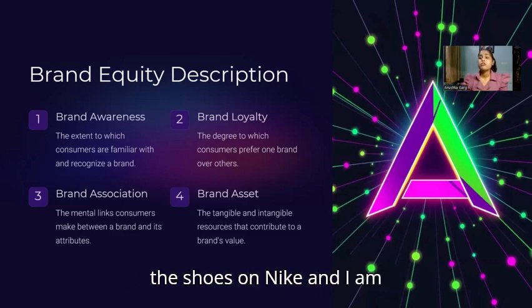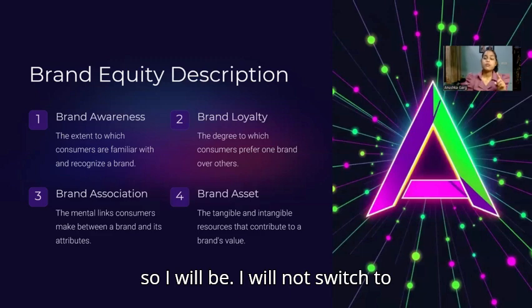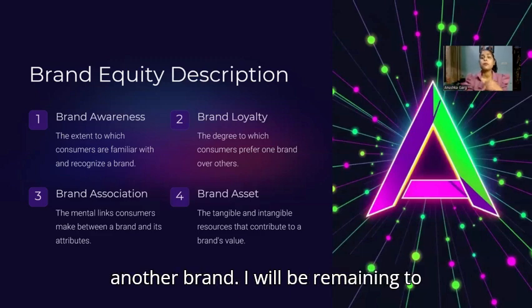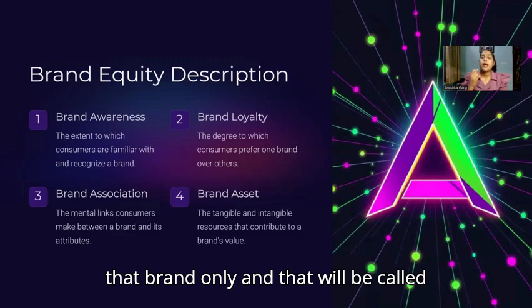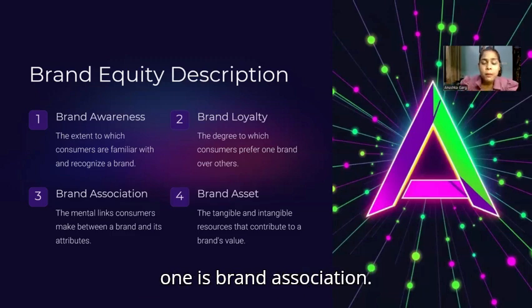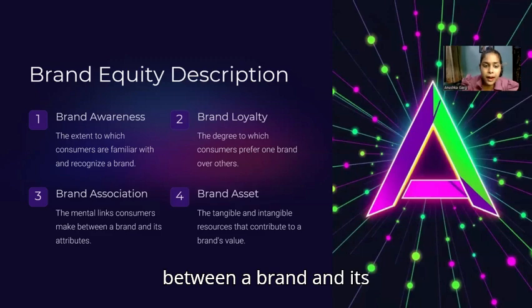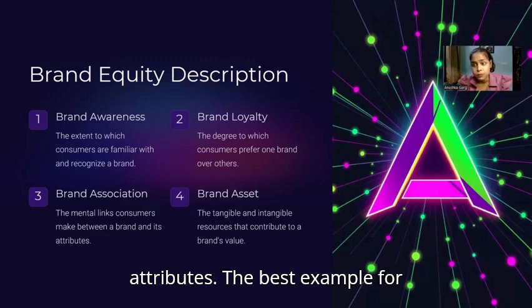Suppose I wear Nike shoes and I'm not in the habit of using Reebok shoes. So I will not switch to another brand. I will remain with that brand only, and that will be called brand loyalty. The third one is brand association. It is the mental links consumers make between a brand and its attributes.